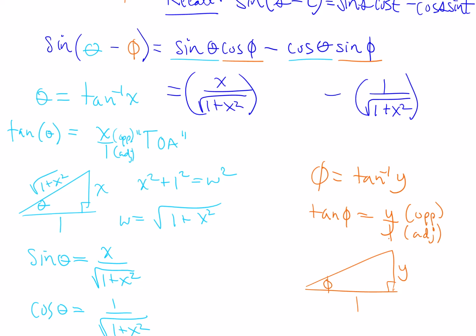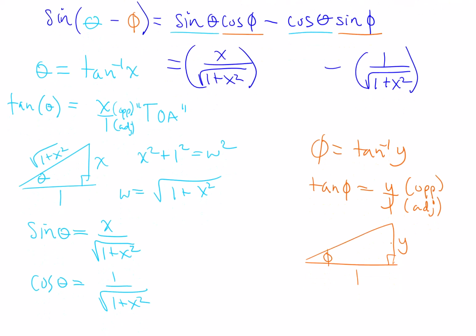And then what we'll have to do is figure out the hypotenuse. Now we kind of already went through this in the previous step when doing tangent theta. The math of this one will be no different, except we're using the letter y now. So we could just borrow the idea and say the hypotenuse is going to come out to be square root of 1 plus y squared, kind of like for the previous triangle, it was square root of 1 plus x squared.